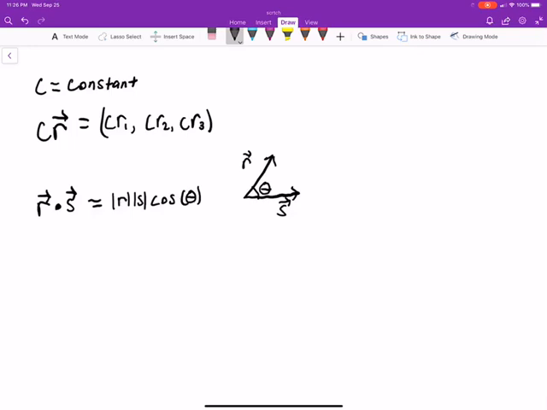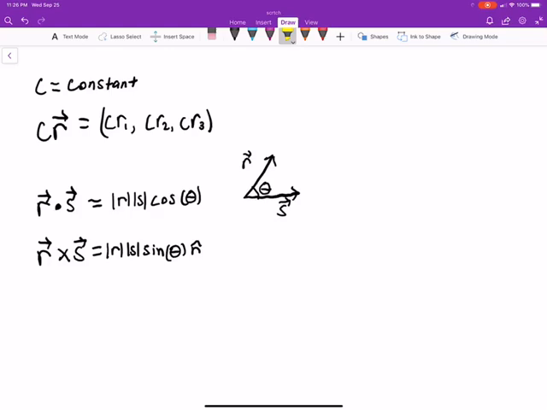The other one I want to talk about is the cross product, which is r cross s. Looks very similar at first, except instead of cosine, it's sine of the angle between them, and we add this n hat. So let's make a note of something real quick.